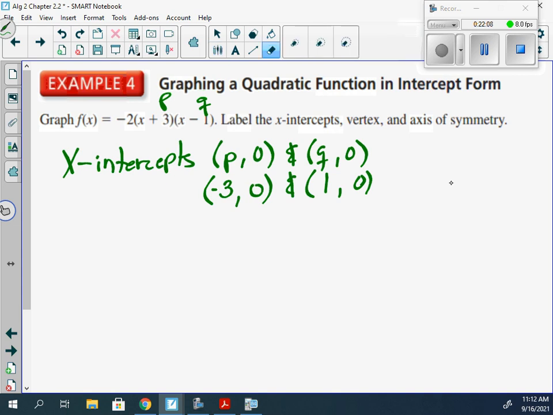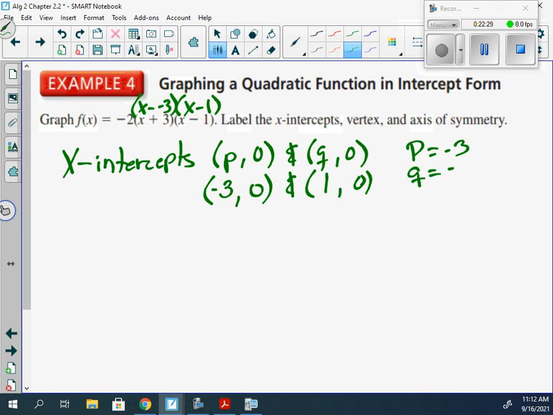Really what we're saying is that we actually have x minus negative 3. And this here is just x minus 1. Because according to the formula, it is a times x minus p times x minus q. So we get negative 3 and 1. So p is negative 3 and q is just 1.